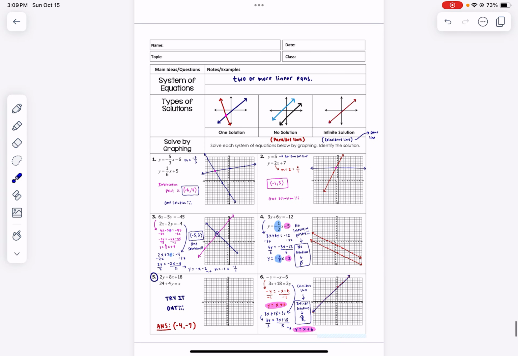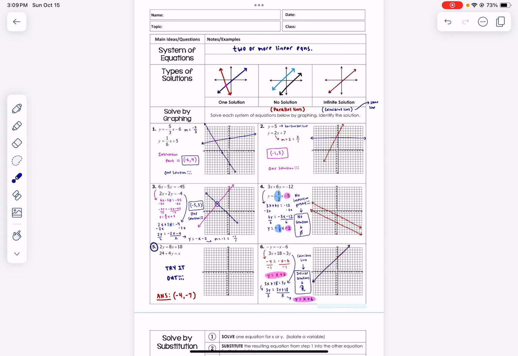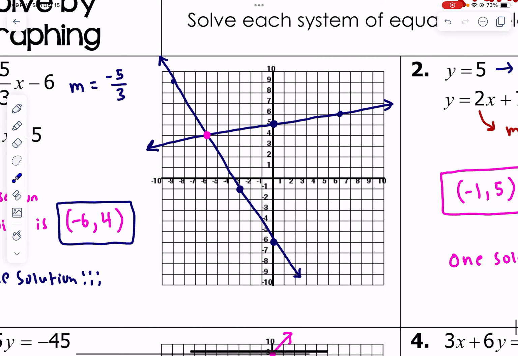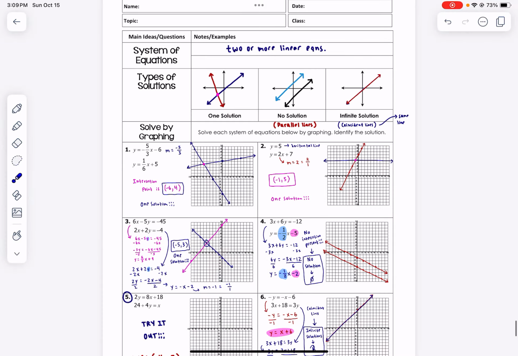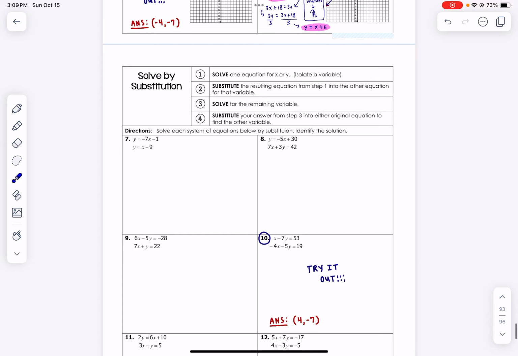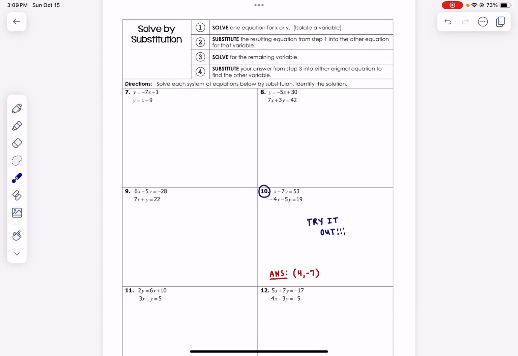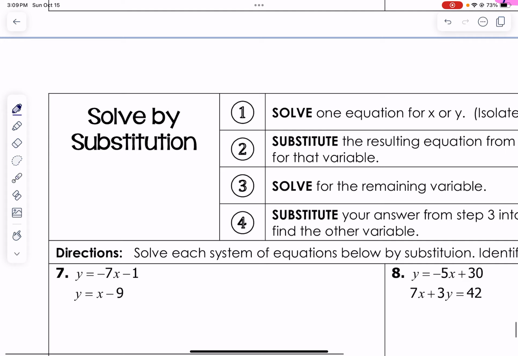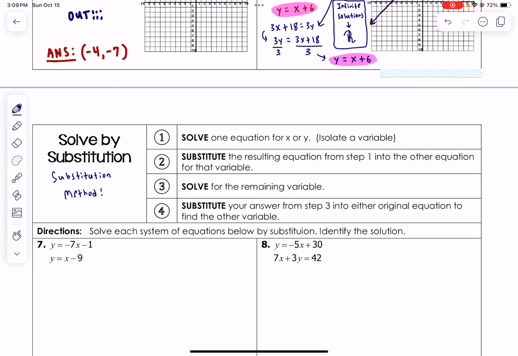So for this next part, what if you weren't given a graph? What if you didn't have the ability to graph it? In these cases, there is another method that we can use, and that is what we call the substitution method. The substitution method is really just another method to help us solve systems of equations.